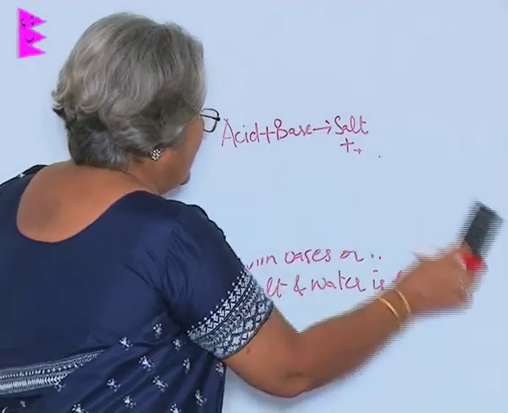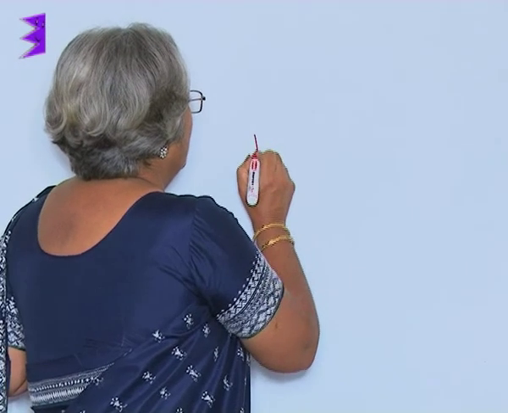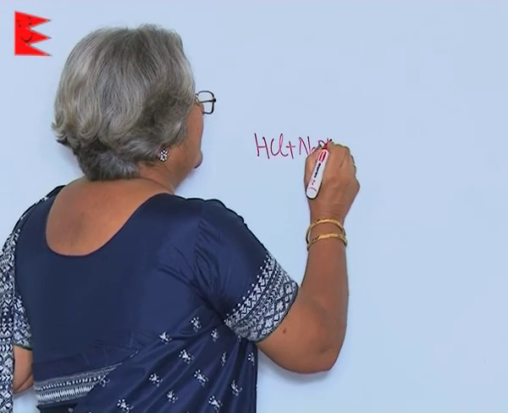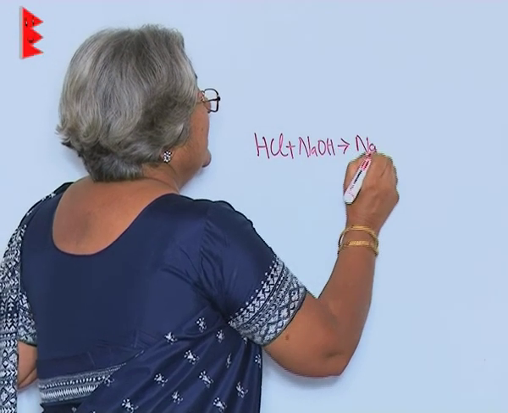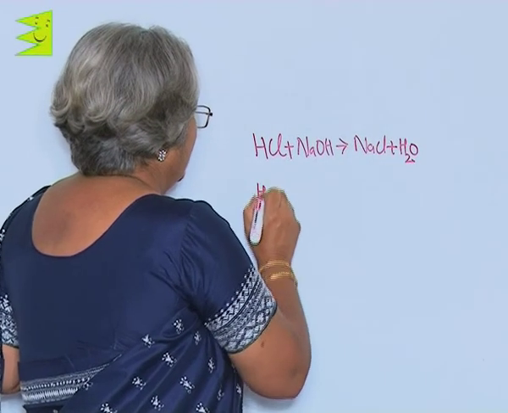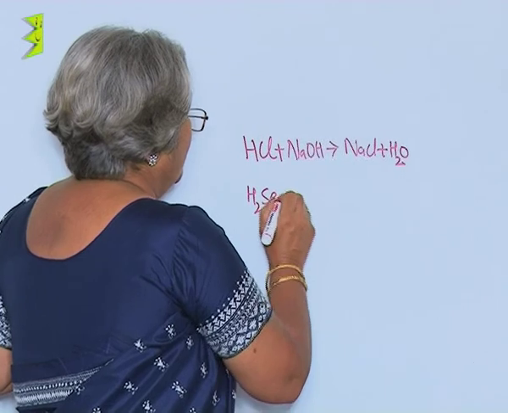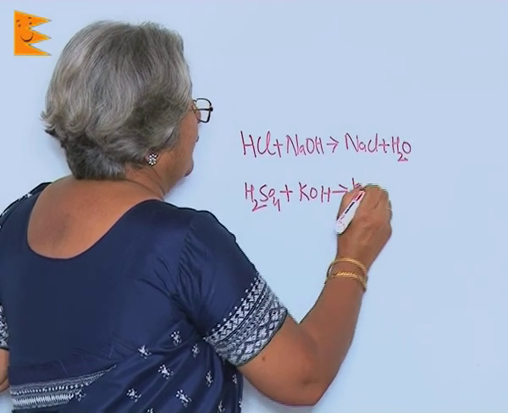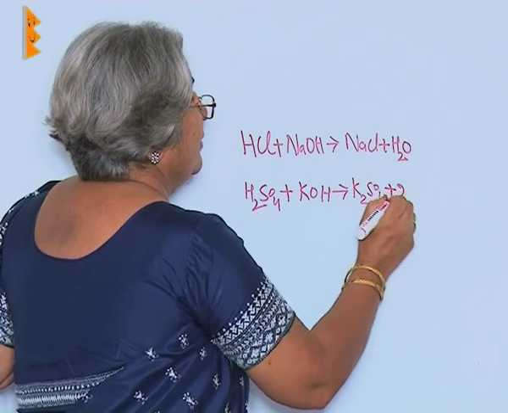We can even write down a particular or specific acid and base. For example, hydrochloric acid plus sodium hydroxide will form NaCl plus H2O. Similarly, H2SO4 plus KOH will form K2SO4 plus 2H2O.